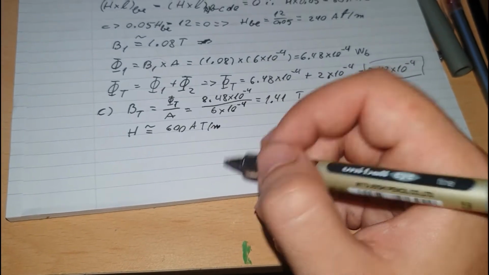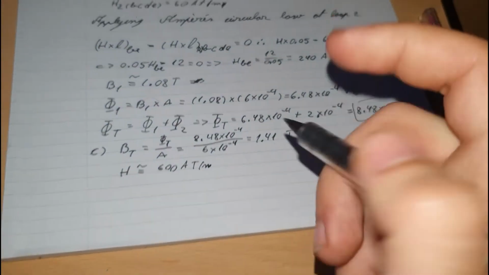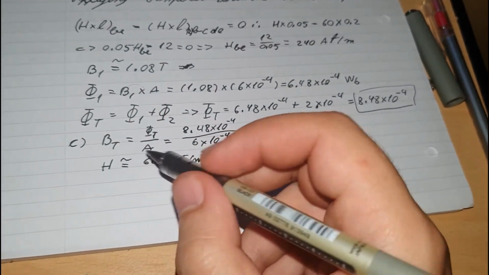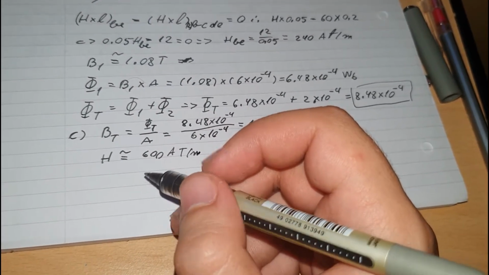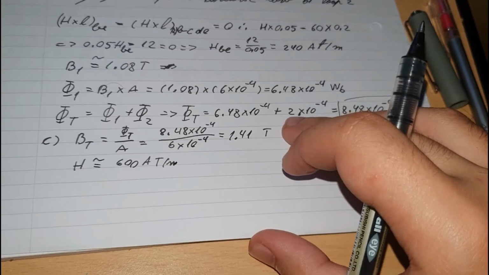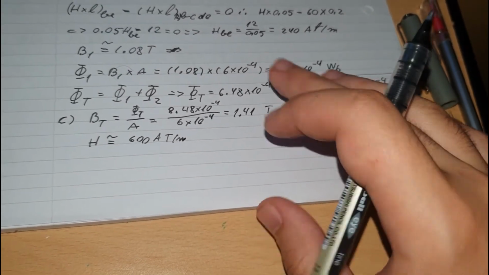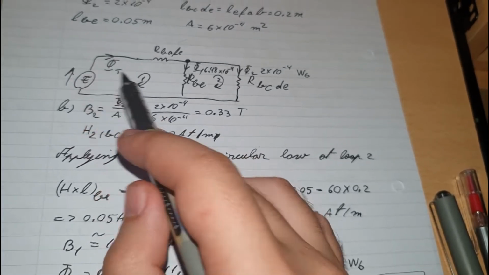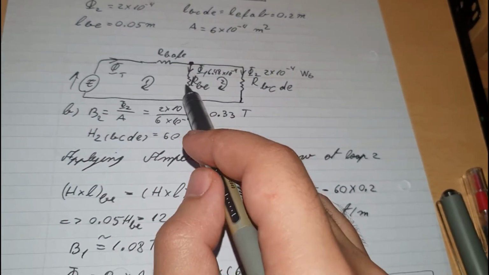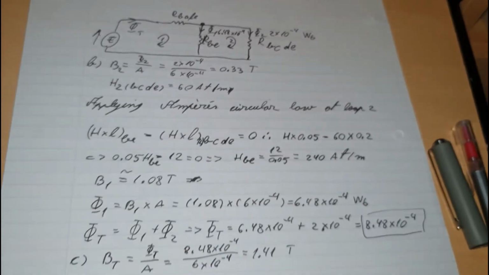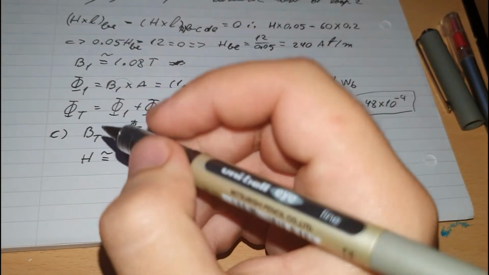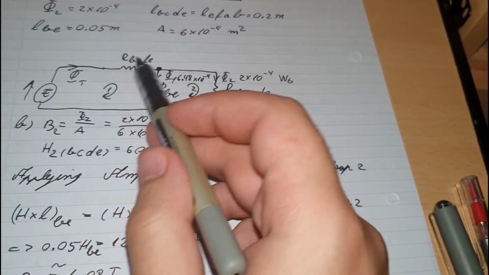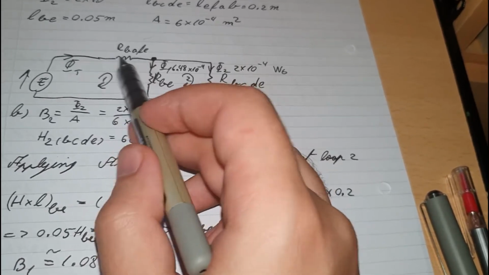Okay, now we know the magnetic force, so we can calculate the MMFs. Now we can calculate this MMF in here, and we can calculate the MMF going through this resistance here. And also the MMF through the first loop, which will be through this resistance here as well.